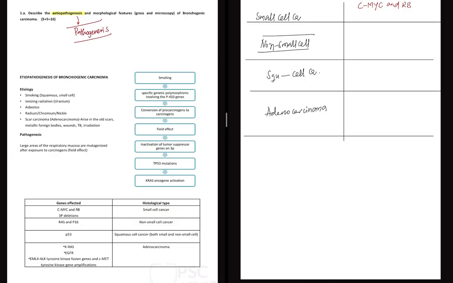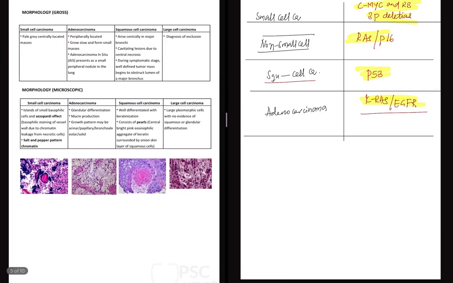So I'm talking about c-MYC and RB gene mutations and also 3p deletions. Okay, non-small cell cancers, the major pathway is RAS and P16. To be more precise, for squamous cell carcinoma, P53 or KRAS, EGFR gene mutations are common. There are other entities, but just remember these two. So these are the genes which are affected based on the histological type of CA lung.